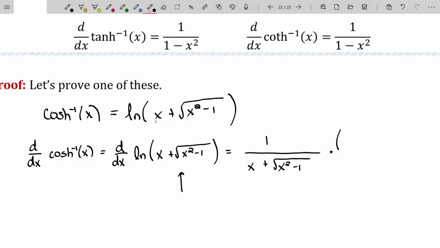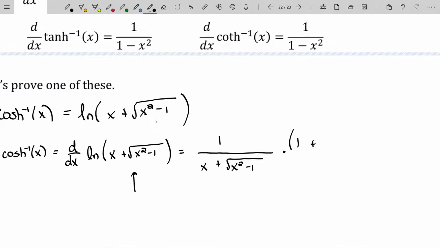Well, the derivative of its argument is 1 plus, and then we have to take the derivative of the square root, which is 1 over 2 root x squared minus 1 times, again, a chain derivative, the derivative of x squared minus 1, which is 2x.